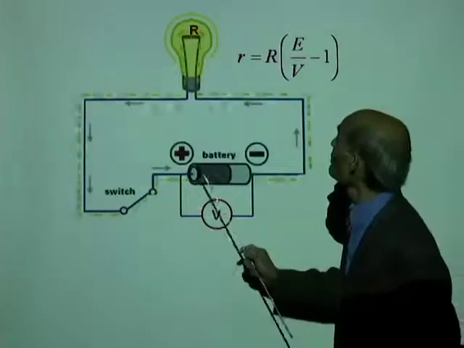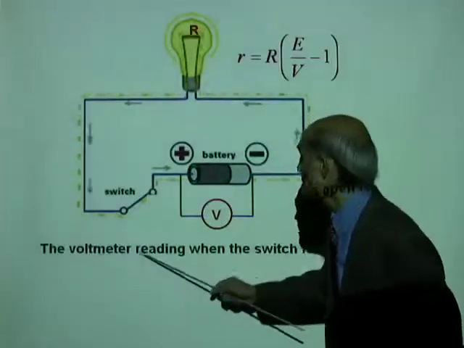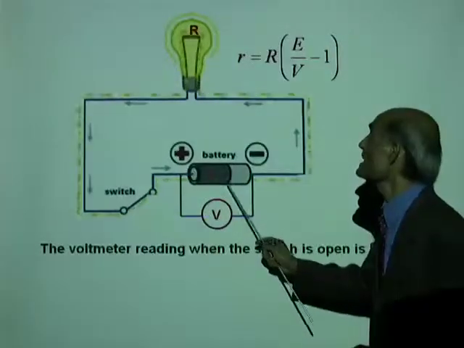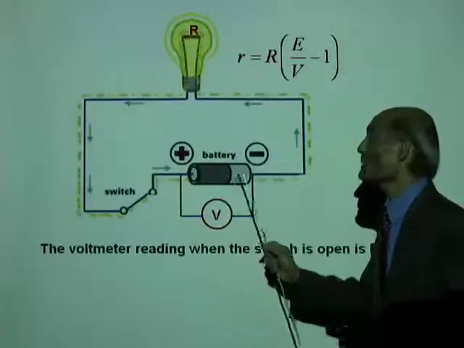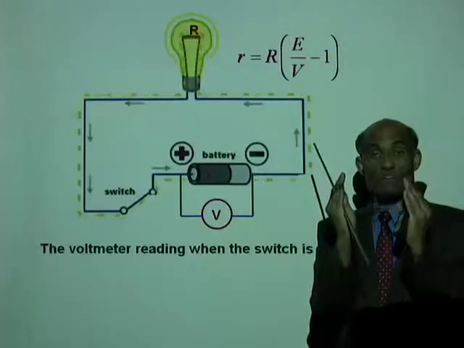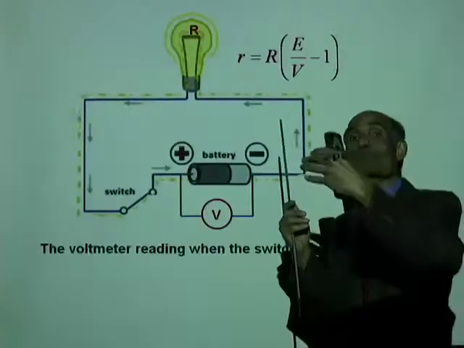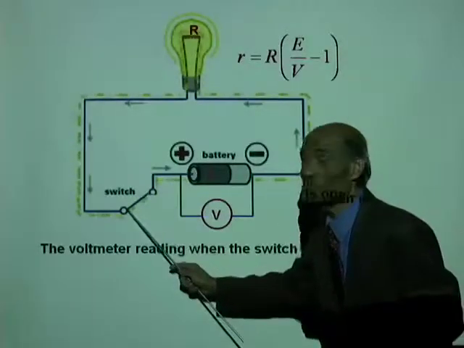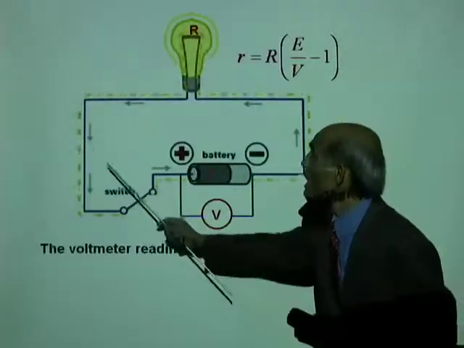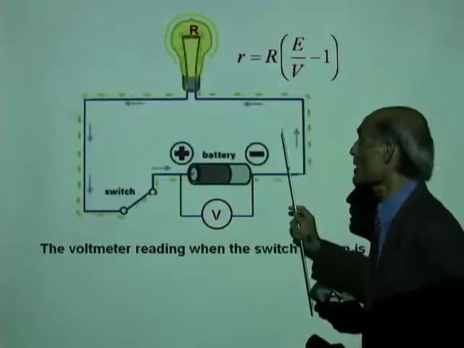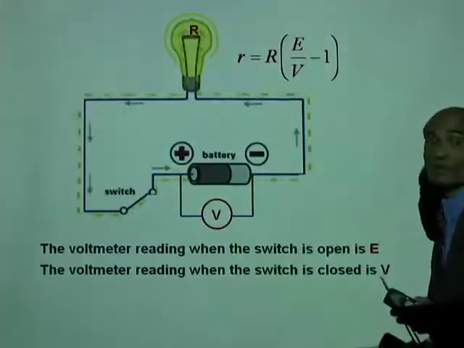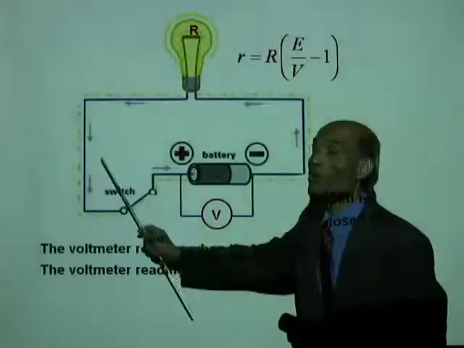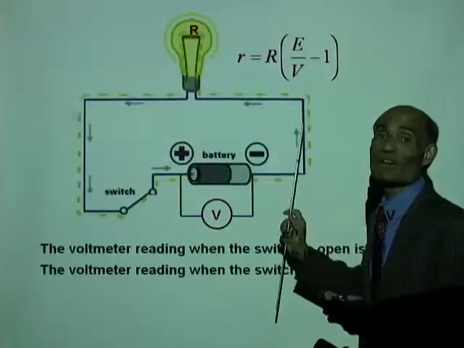So the voltmeter reading when the switch is open is the EMF. That means that is the total energy available for current to flow internally and externally. And now if you close the switch, the current is now flowing externally. What will the voltmeter read? The voltmeter will then read V, the energy used for driving current externally.